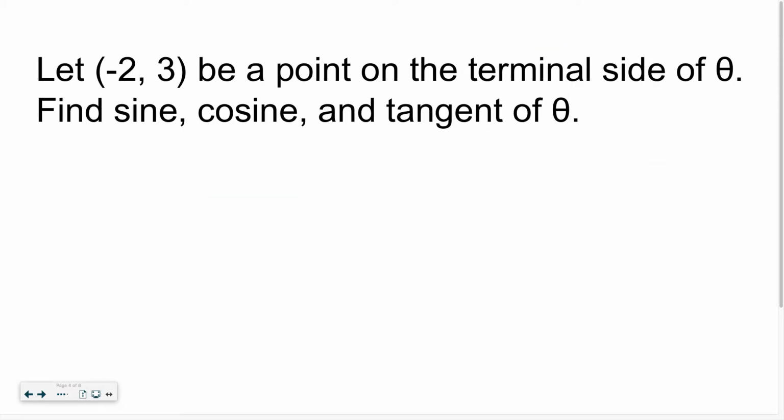Okay, so have a little conversation with your groups and see what you would do for this particular problem. You actually did problems like this last year. Let (-2, 3) be a point on the terminal side of theta. Find the sine, cosine, and tangent.